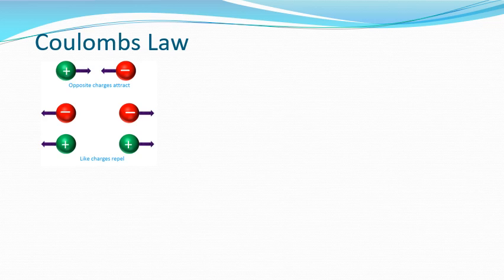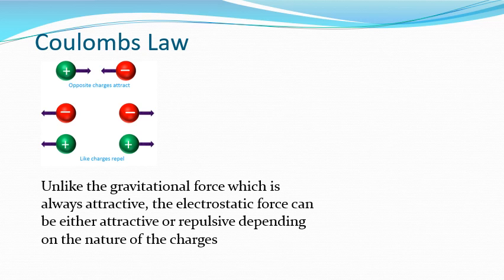One of the differences between Coulomb's law and Newton's law of gravitation is that gravitational forces are always attracting, whereas because charges can be like or unlike, we can have forces that are attracting or forces that are repelling between the two.